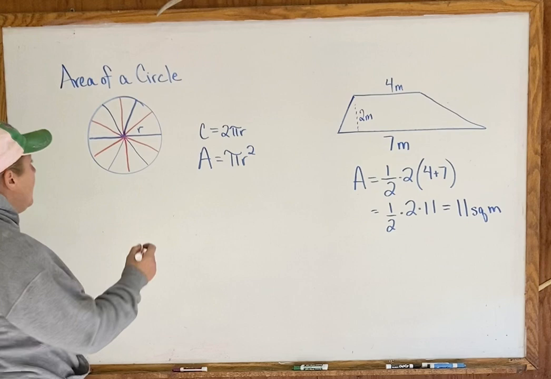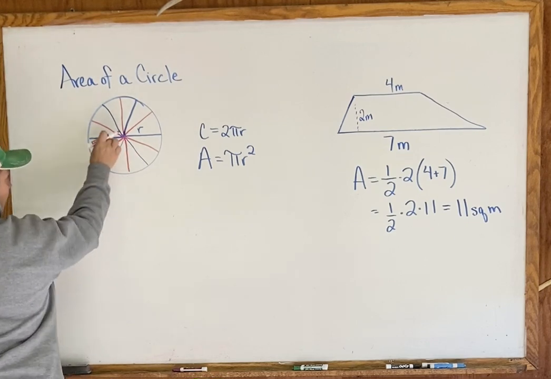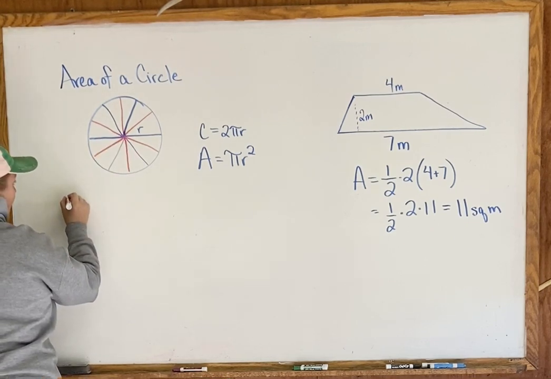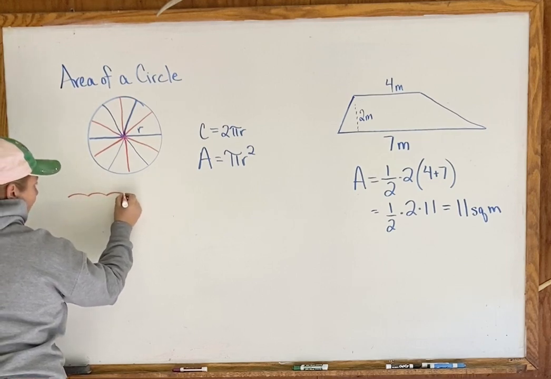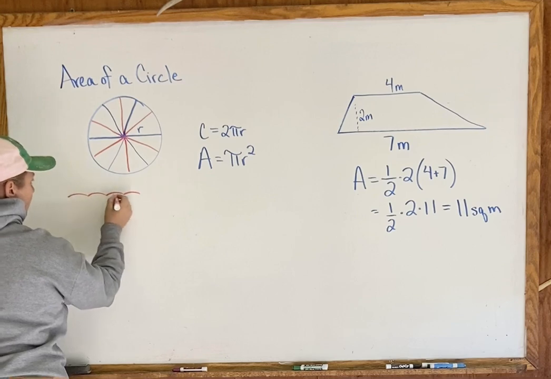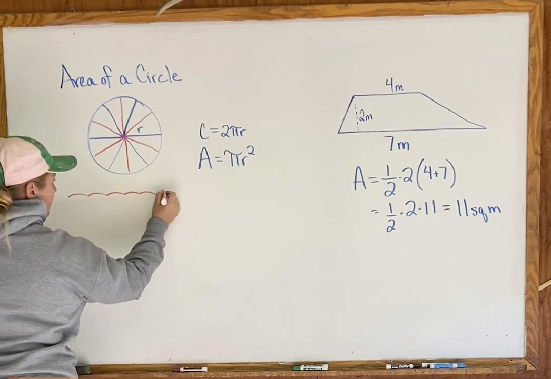Then I'm going to rearrange them in a different shape. I'm going to take all the red ones first, pull out all the red slices, and line them up so their arcs are touching like this. 1, 2, 3, 4, 5, 6.